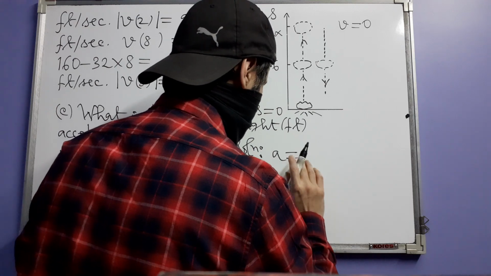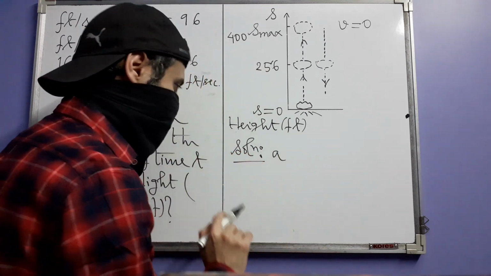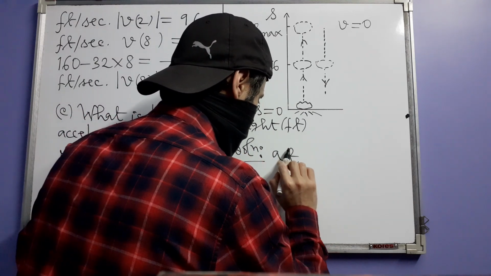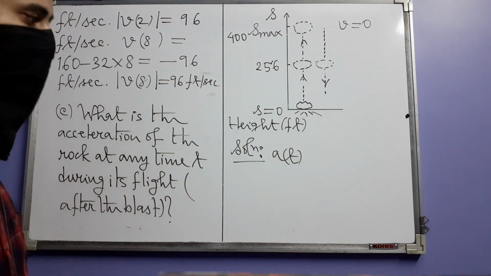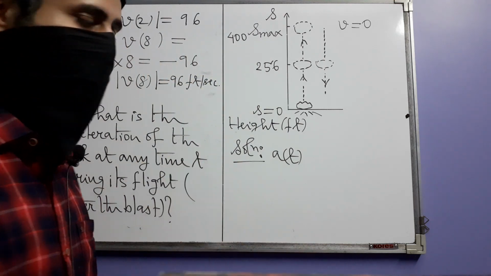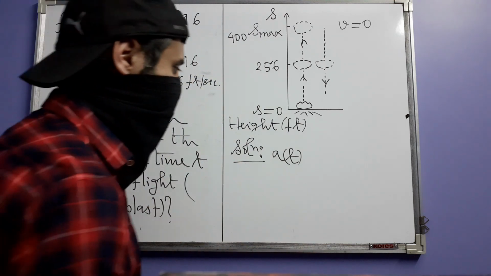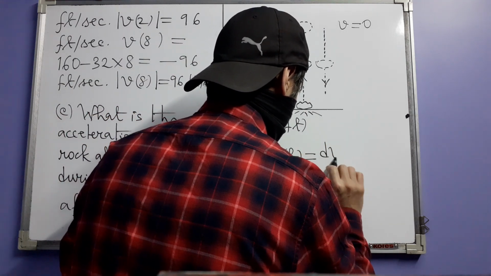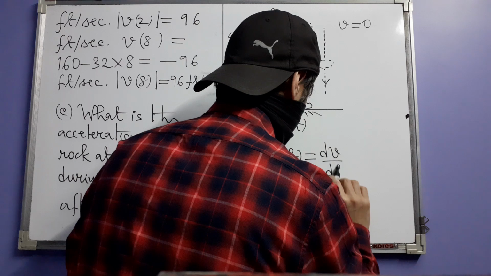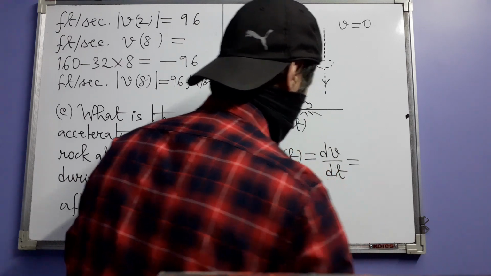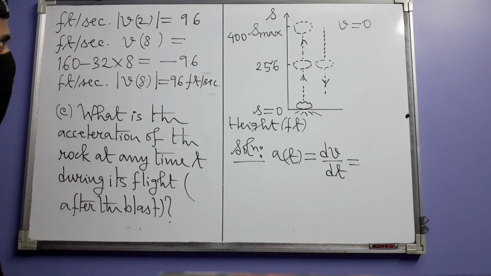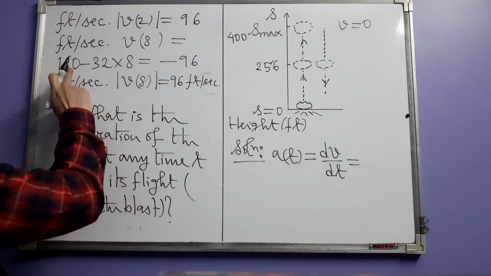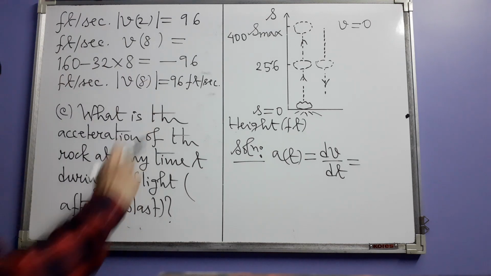Acceleration is, I think it will be a good idea to write a of t here in order to emphasize the general nature of a. But if you want, you can of course write simply a, dv dt. So what was our v? v was 160 minus 32t.